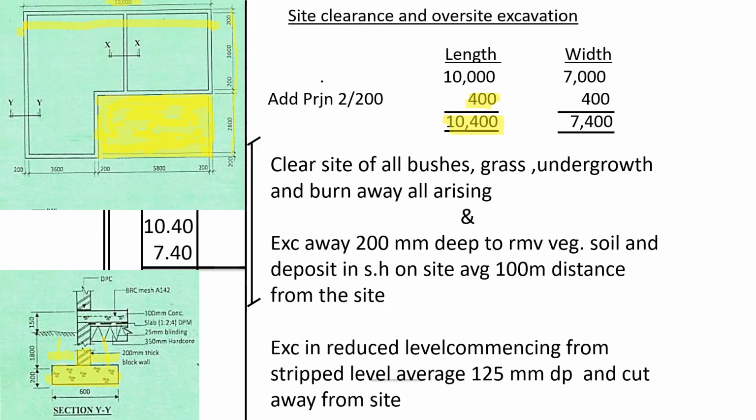So we can add 200 for the projection on the upper side and 200 for the projection on the lower side, because when we are doing the site clearance, we usually take up to where the trench will cover. So assuming the trench will extend by 200 all around the building.